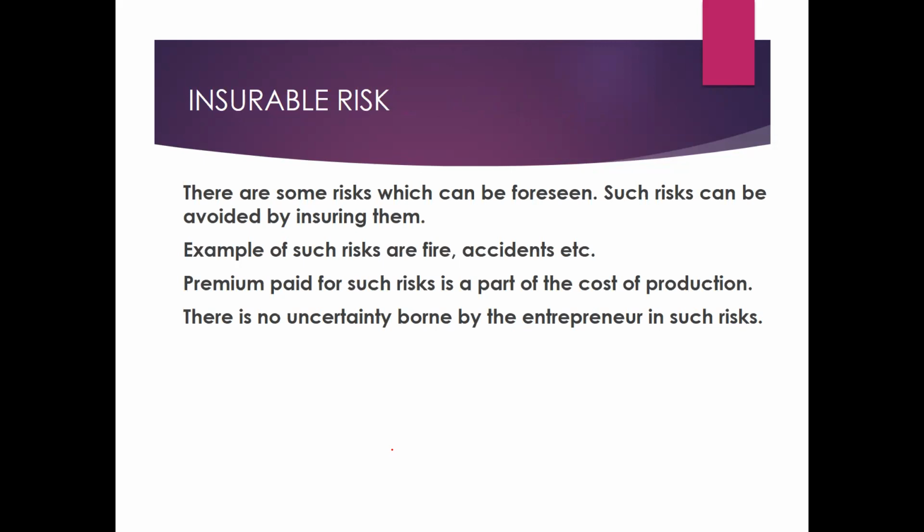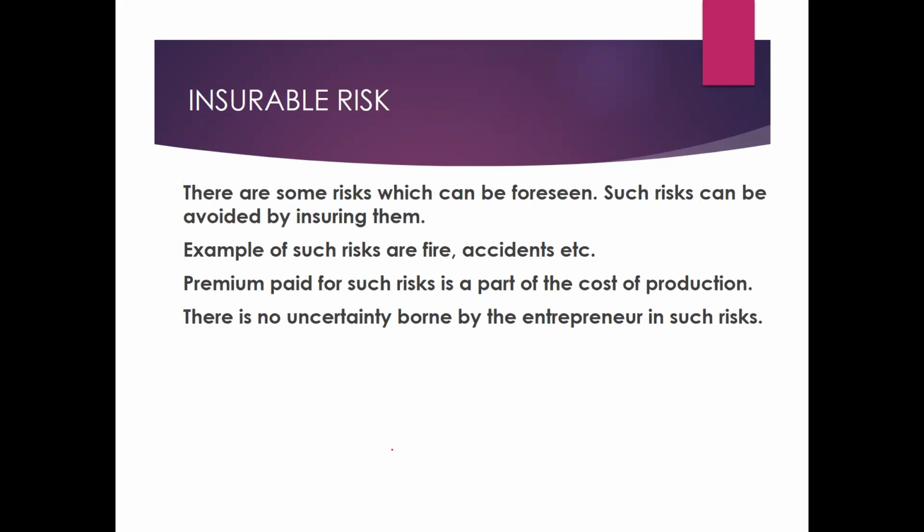Then we come to insurable risk. We can call insurable risks those risks that can be foreseen and can be avoided by insuring them. Sometimes you are worried about, okay, fine, there could be a catch fire, risk of fire, accident, etc. So you are getting insured.